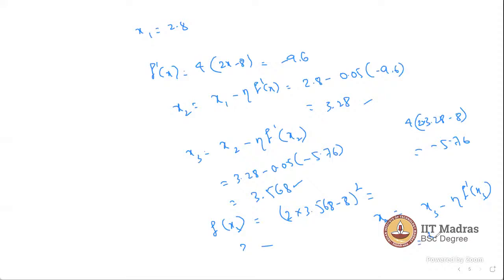Substituting that, we get 3.568 minus 0.05 into minus 3.456. That will give 3.7408. X4 value is 3.7408.